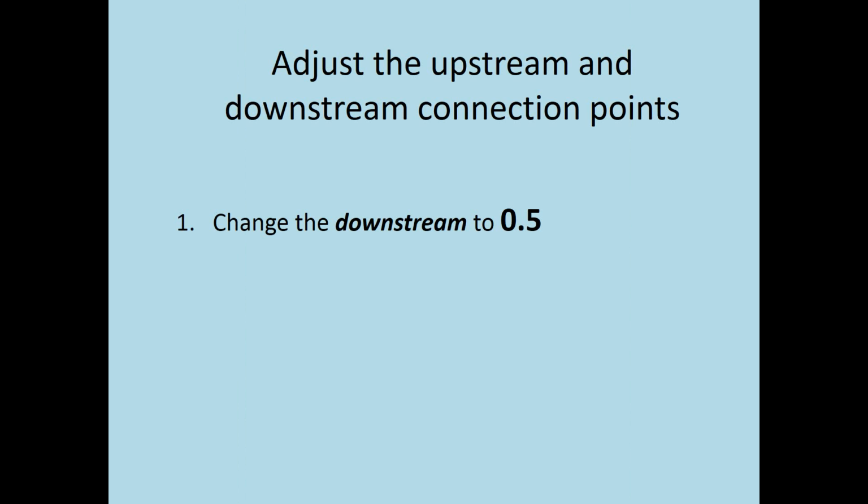Now I'm going to show you how the downstream parameter works. It's the mirror of the upstream, and again the best way to describe this is just to show you. In the downstream case, it chooses how far downstream you go from the inflection point for the cutoff to connect with the downstream bend.